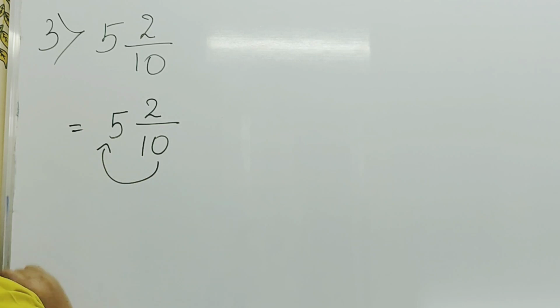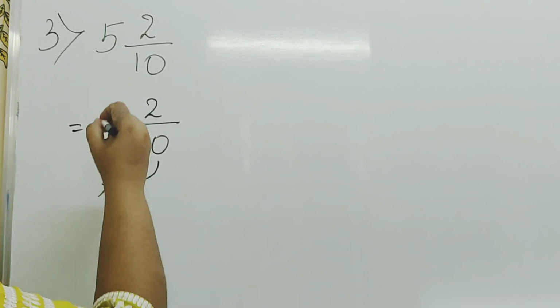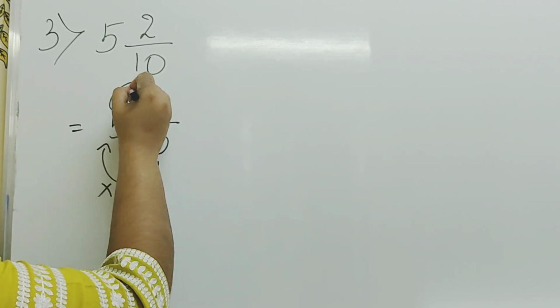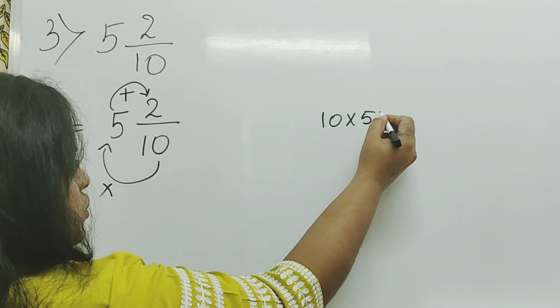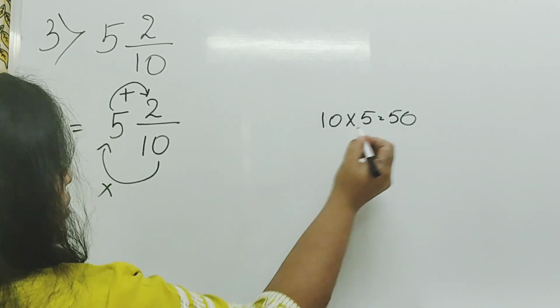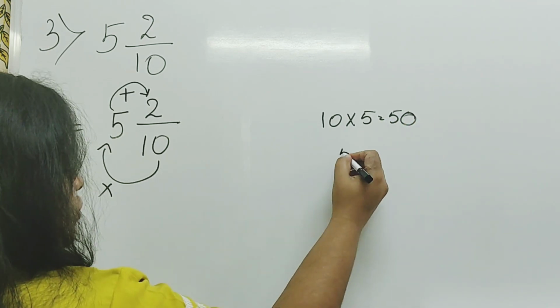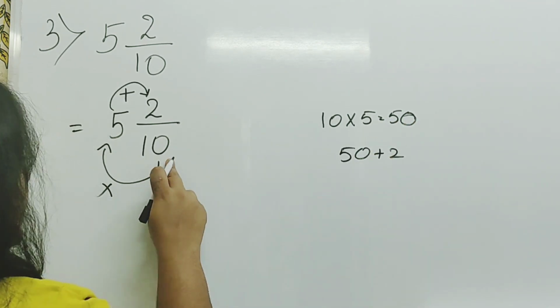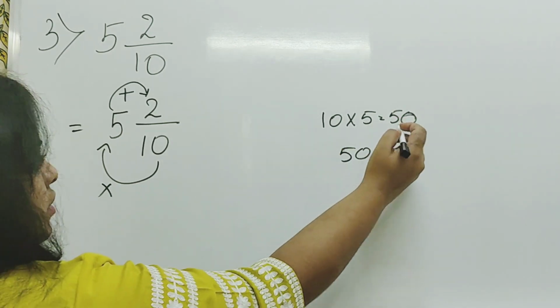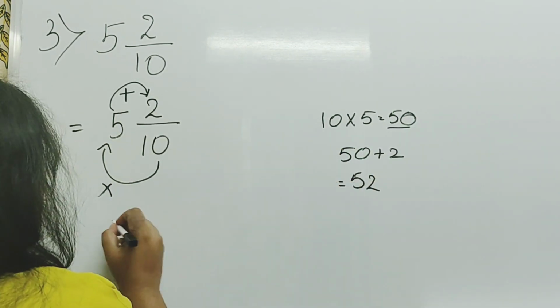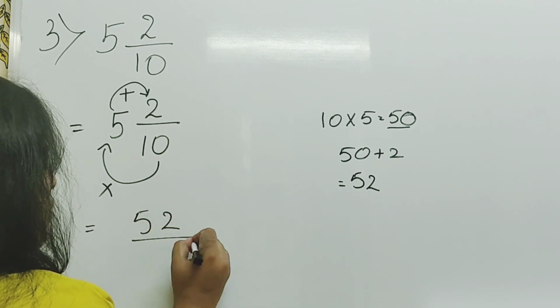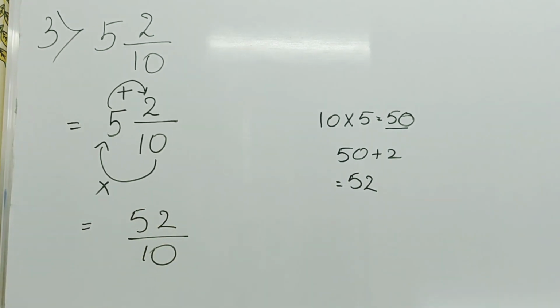First 10 into 5, and then with the answer you add. 10 into 5 is 50. So 50 plus 2 is 52. We write 52 by 10.